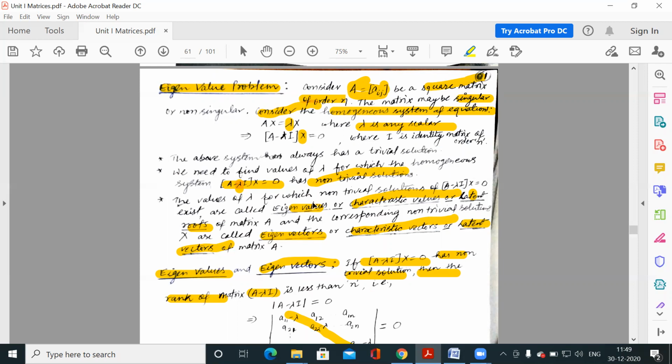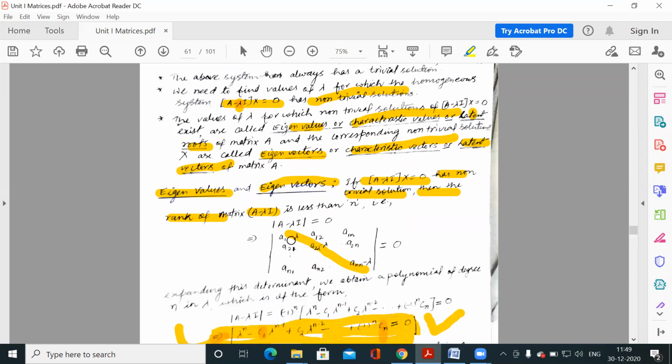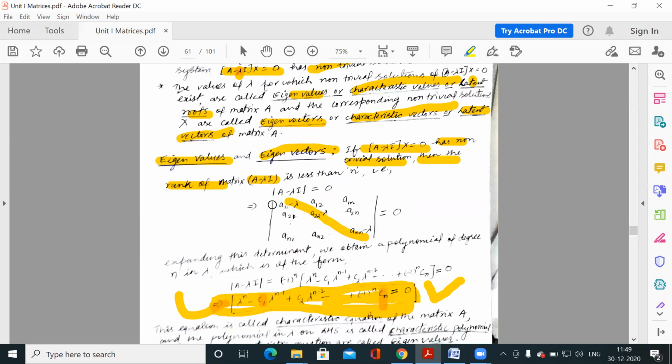The eigenvalues are also called characteristic values or latent roots, and the eigenvectors are also called characteristic vectors or latent vectors. To find the eigenvalues we need the characteristic equation of the matrix. How do we find it? We have the matrix A, and we have to find the determinant of A minus lambda I equal to 0.